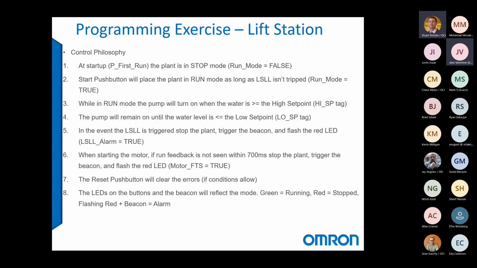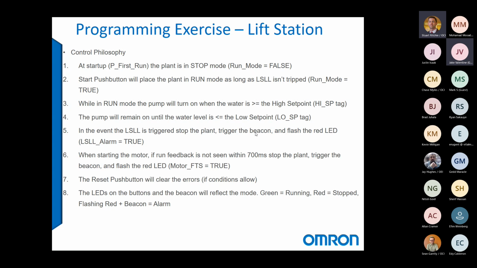Okay, so I'm going to leave this up here for a few minutes, and you guys are going to take the reins on this one. You'll have to create a tag for the LSLL alarm. This will be latching because we want to know if this went off, even if the water has risen above the low level switch. We want to know that it happened, so we'll latch that tag.